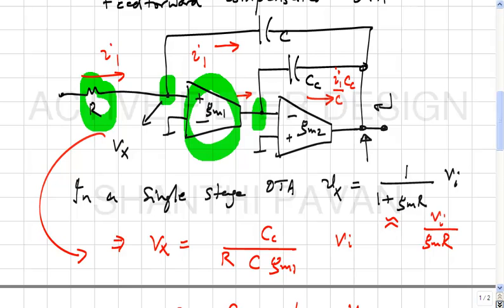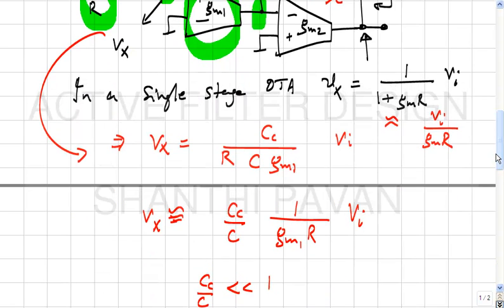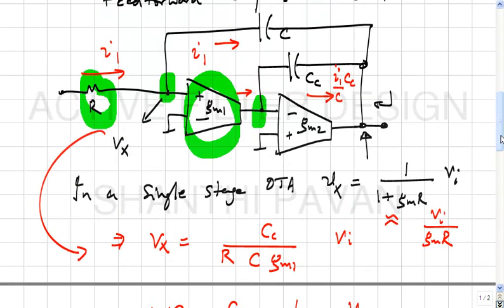So it will dominate more. What is the relative contribution of the noise of GM1 versus the noise of the resistor R?